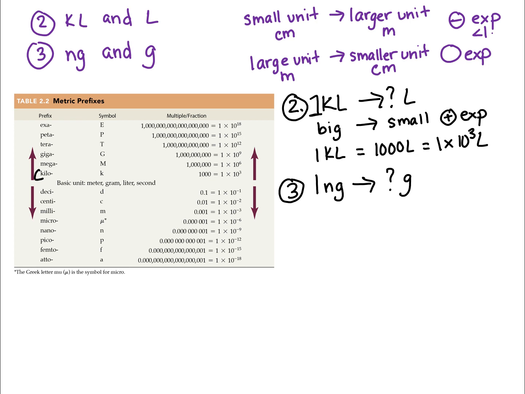If you're going from a larger unit to a smaller unit, then you're going to have a number that's bigger than 1, and your exponent should be positive. So I apologize if I said it backwards. It's early morning for me too. Small to big, you're going to have a negative exponent. Big to small, you're going to have a positive exponent.